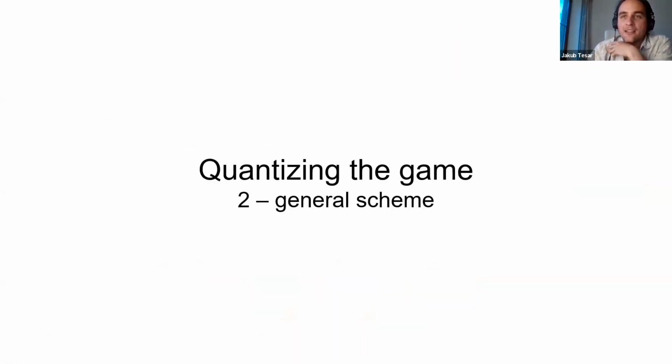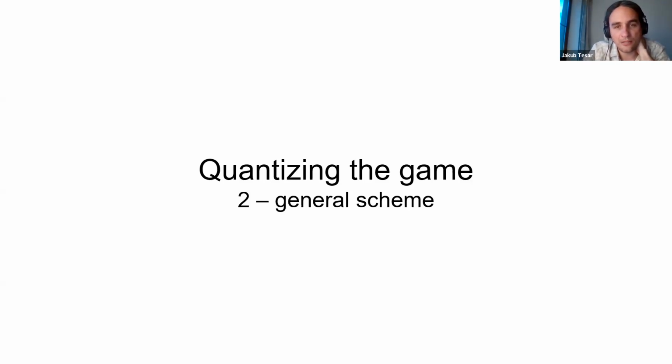Okay, and I will just check the questions, and if there are none, I will go to the idea that I presented at the conference in Vexia in June, but I believe it allows us to summarize what other approaches exist in quantizing the games.